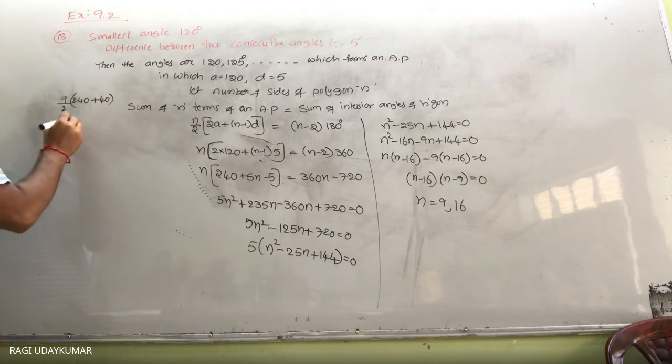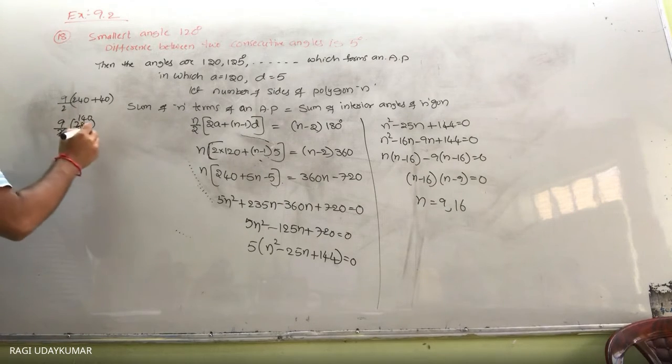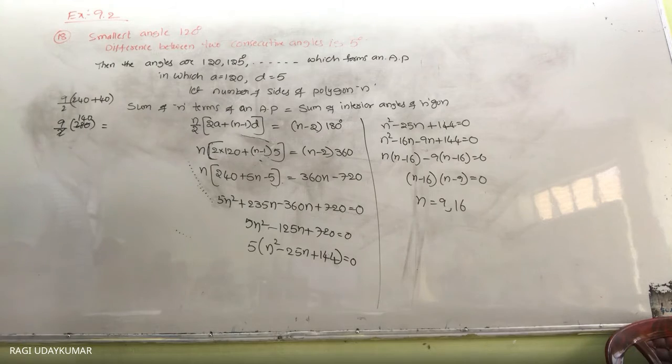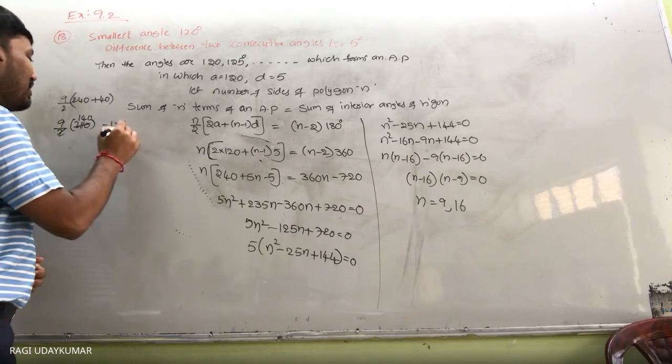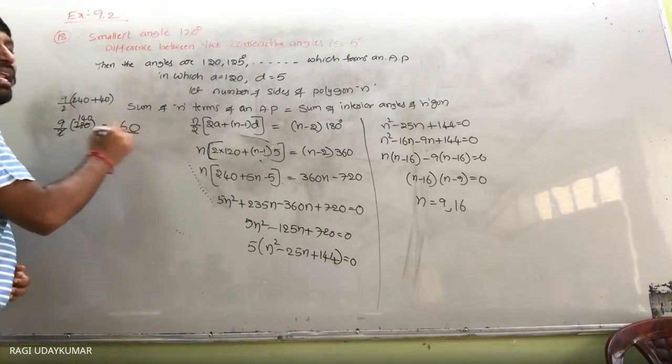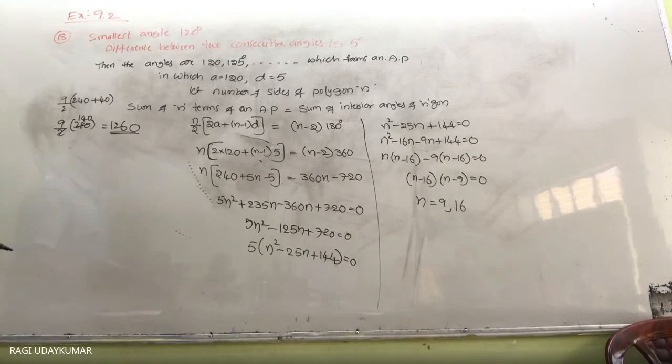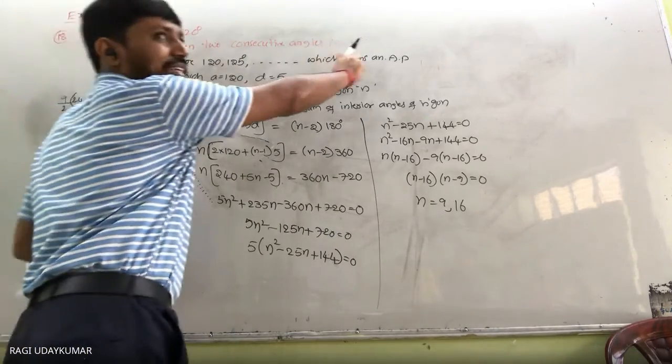So 9 by 2 into 280, 2 1s are 2, 140. 9 into 140 is 1260. So 1260 is the sum of the interior angles, means ये 9 angles ऐसा ले लिया.